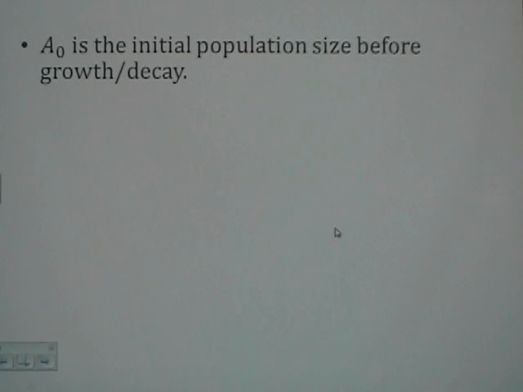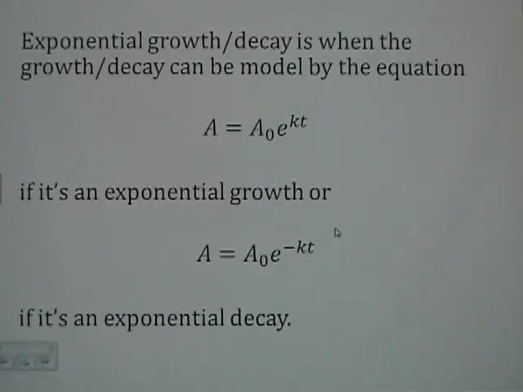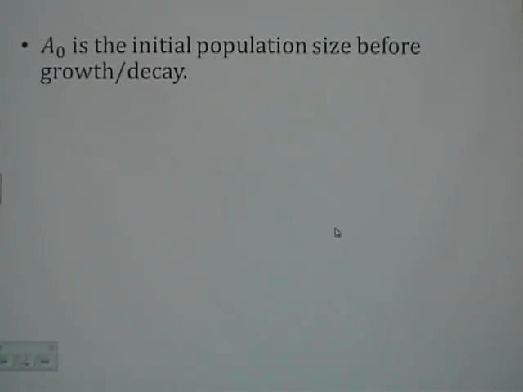As a quick explanation of what the parameters in the function are: a sub 0 is the initial population size before the growth or decay takes place.